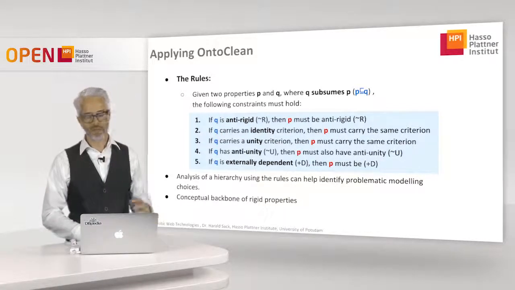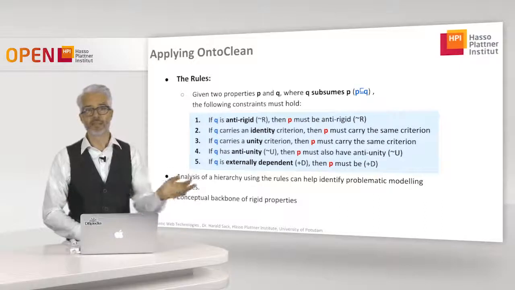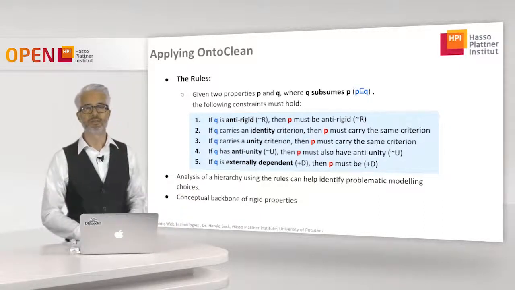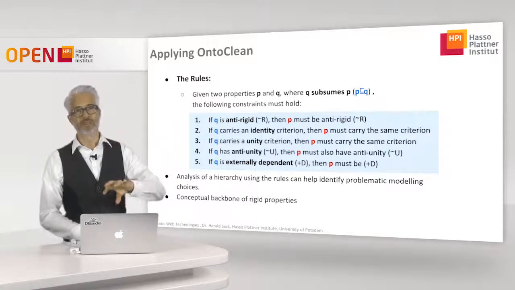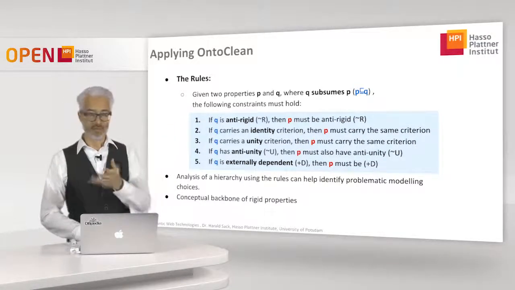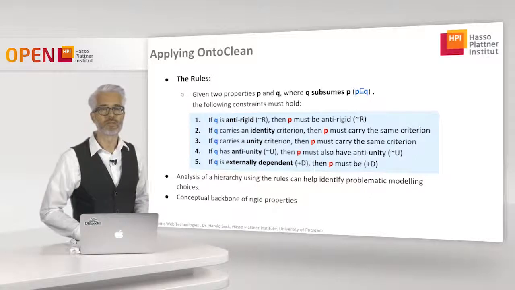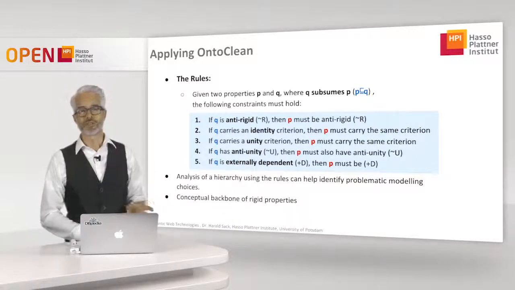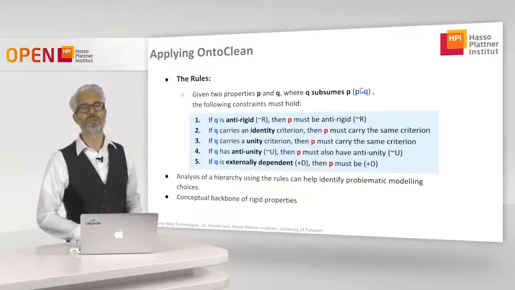So what you do is analyze your entire taxonomy, the hierarchies that you have in your taxonomy, and violations of these constraints that you can detect by applying these rules help you to identify the problematic choices that have been made when the ontology was defined and where you probably have to reconsider.